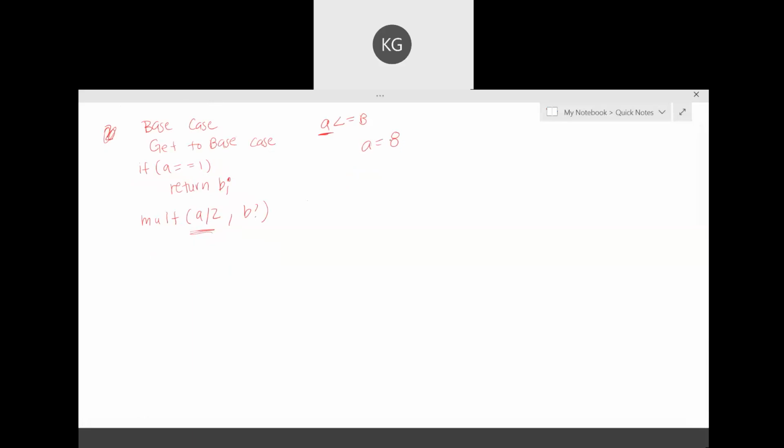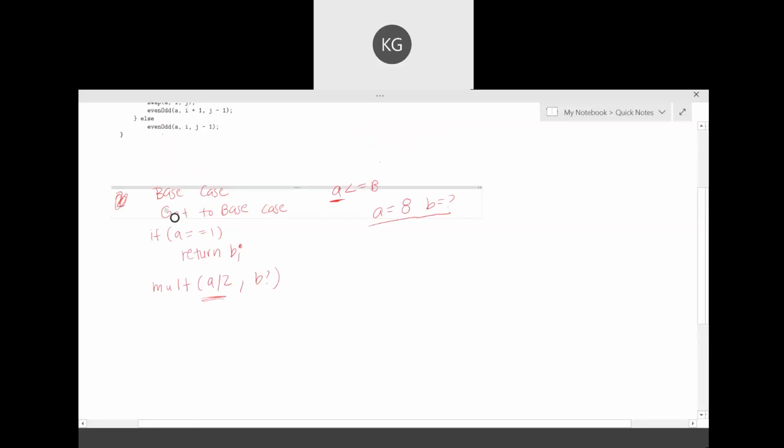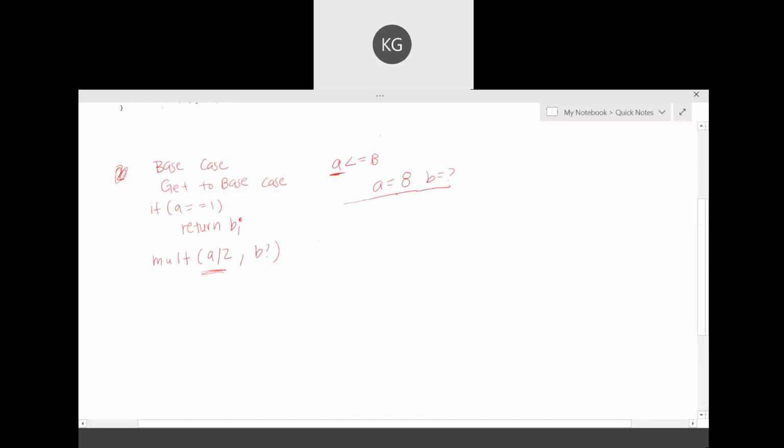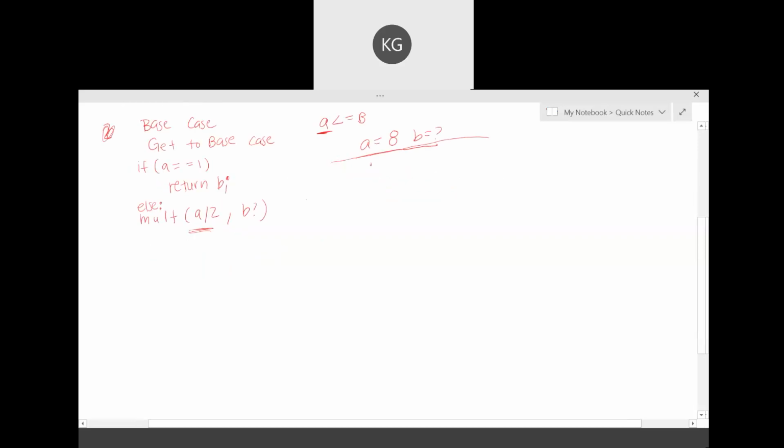If we had A is equal to 8 as our first call, and B is whatever, well then, what would be our next recursive call if we plugged it into this function? 4 or something, yeah. So A is going to be equal to 4 and B is going to be whatever.